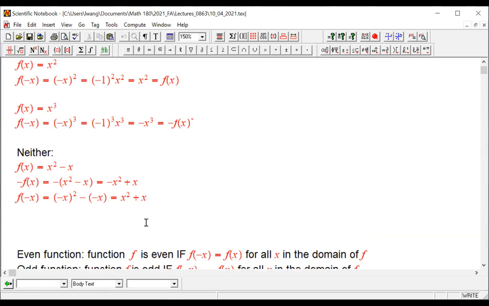So you can see f of negative x is neither f of x, nor negative of f of x.